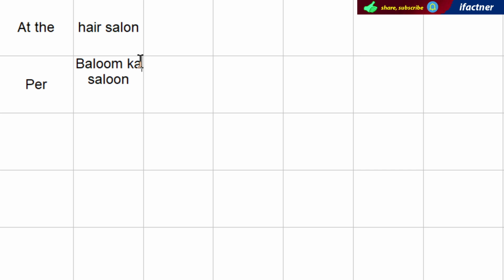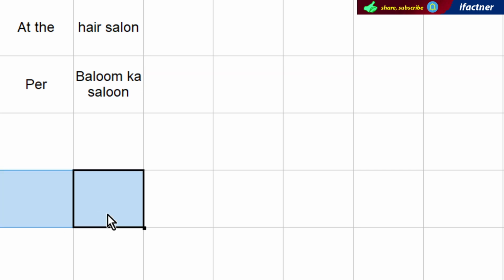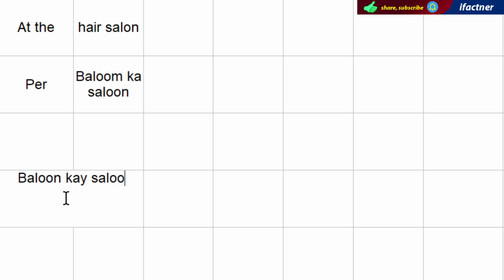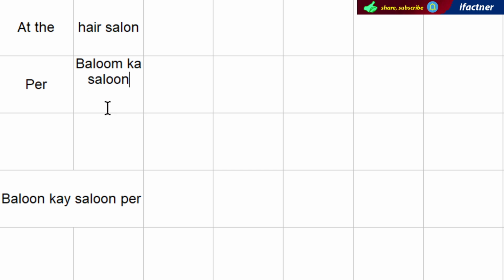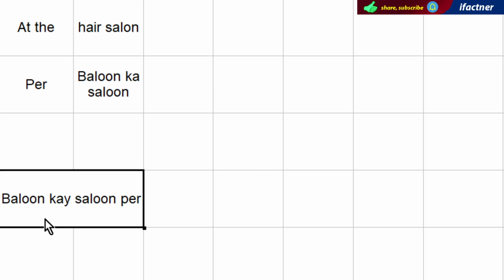So you can translate it as बालों के सैलून पर. When we merge this sentence or this title, then we will say बालों के सैलून पर या में. Usually we use "in the hair salon" in Urdu and Hindi. So you can say बालों के सैलून पर.